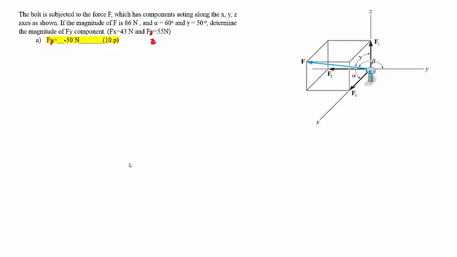We have a bolt subjected to a force F with components, and this is what I told you, that this was Fz. So let's write what we have here. Given F equals 86 newtons, alpha equals 60, gamma equals 50, Fx equals 43 newtons, and Fz equals 55 newtons.